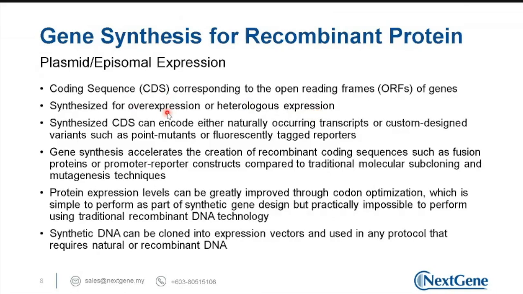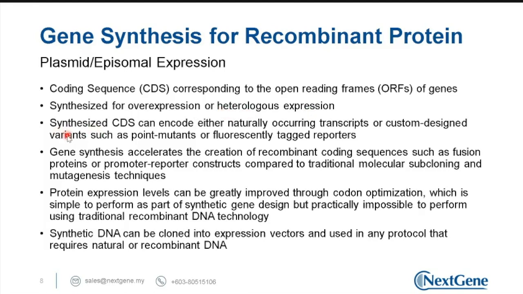Overexpression means that we produce the protein of this gene of interest in large quantity. And for heterologous expression, it actually means that we express the protein in a non-native host. Let's say the protein originally is from human, and we express the gene in E. coli, then it's considered heterologous expression.